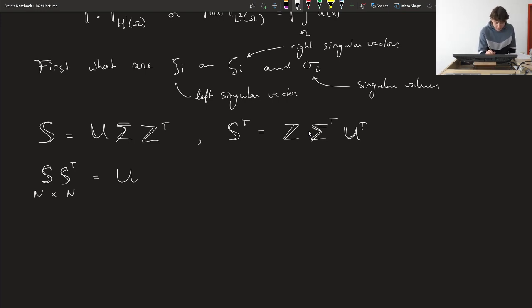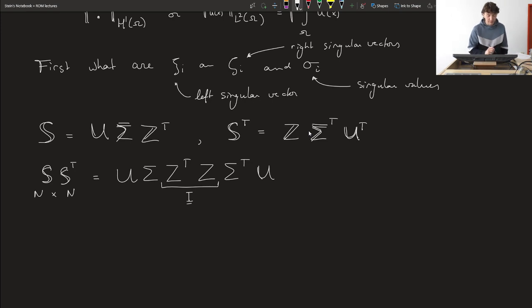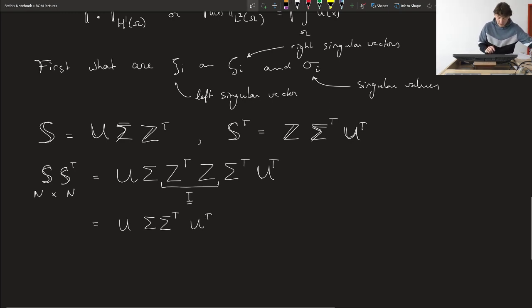Okay, so we have U sigma Z transpose multiplied by Z sigma transpose U transpose. Well, by definition, our Z was orthonormal, which means that this Z transpose Z becomes an identity. So the multiplication that we're really looking at, and sorry, this should still be transpose here, is U sigma sigma transpose U transpose. Now this is something that we recognize, and this is something that I addressed in last week's lecture.